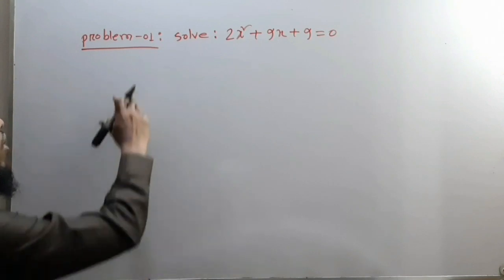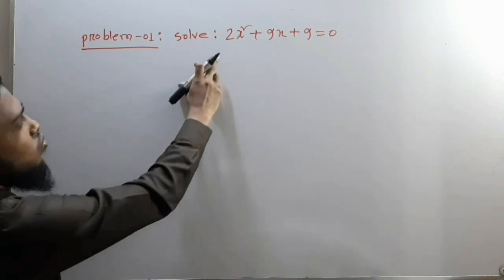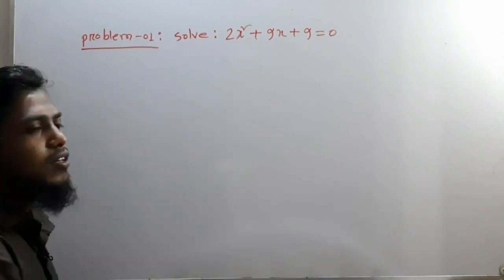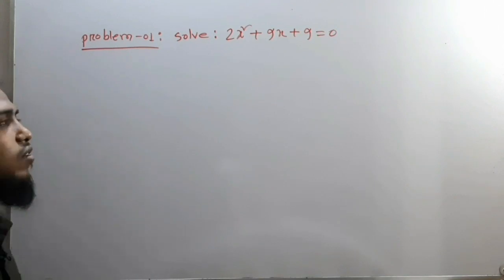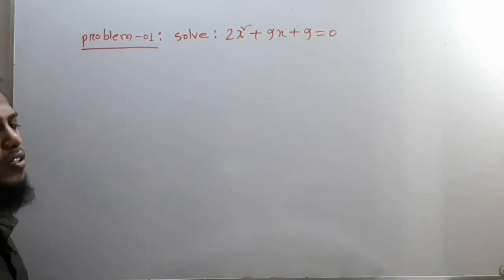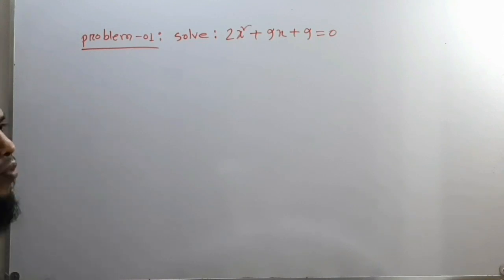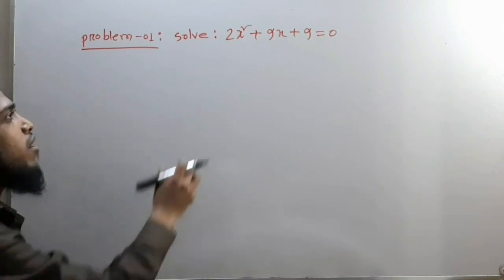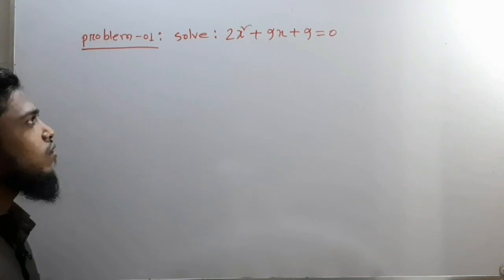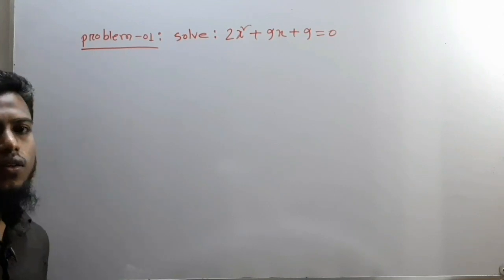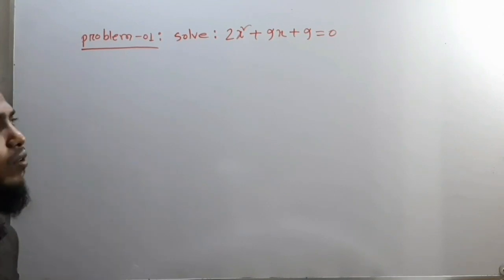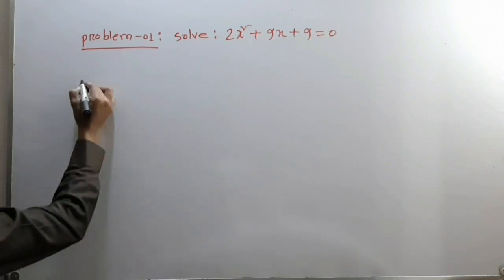Dear students, our first problem: solve 2x square plus 9x plus 9 is equal to 0. If you want to find the roots of this equation, first of all you have to compare this equation with the general quadratic equation. So look at this board.